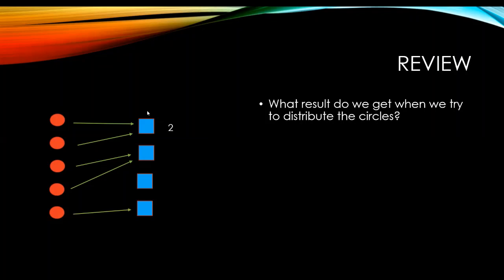Therefore, we have two circles on the first square, two circles on the second square, zero on the third, and one on the fourth square. This is one possibility of arranging our circles in our square containers.